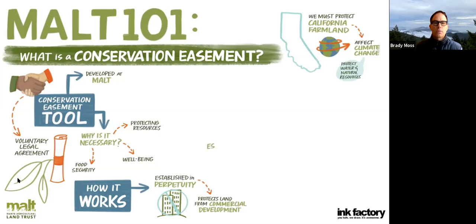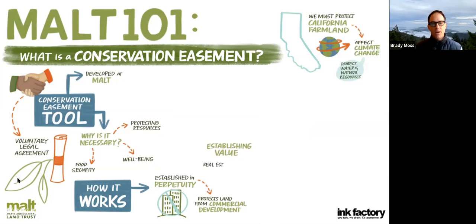The appraisal will establish a monetary value for the conservation easement, and that value will become the purchase price that MALT can pay. And I won't go into extreme detail of how the appraiser arrives at value, but essentially it's as simple as this. The appraiser will do an analysis of the property's current value on the market, its highest and best use.